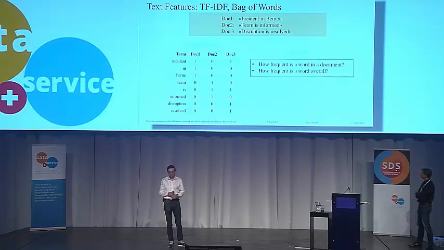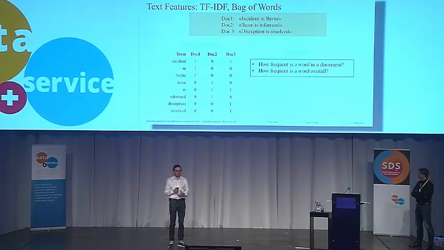A bit more advanced would be to use TF-IDF, which is also what we've used for this problem. It works very similarly, but instead of counting the words or terms, we normalize them by the words in the document. So we get the frequency of words per document, and we also look at the frequency of the word overall.